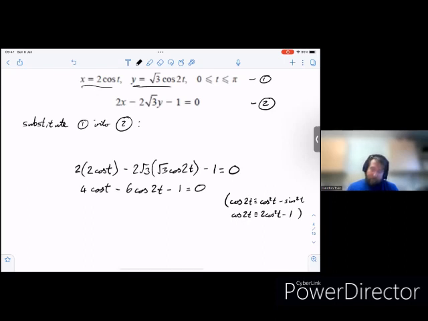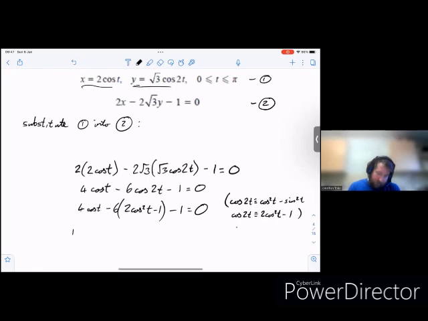Okay, so rearranging that. Oh no, we don't need to rearrange that. So we substitute that in here. We get 4 cos t minus 6 times 2 cos squared t minus 1, minus 1. And let's simplify that, make it a quadratic.